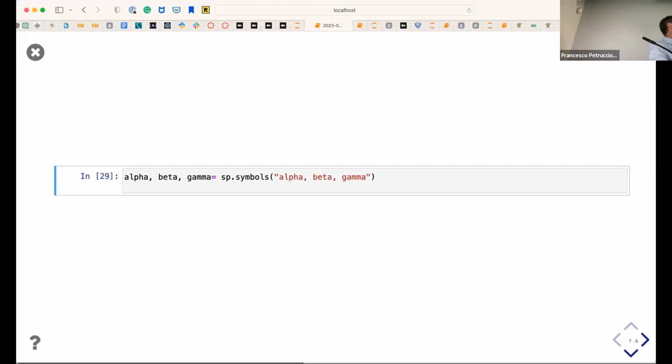It's of course inspired by how you write it in English, the Greek symbol alpha. In LaTeX there would be a backslash in front of alpha, beta, and gamma. But if you don't know LaTeX, let's not go down that route. That's maybe something that we need to do in the next summer school, a little introduction to that as well.